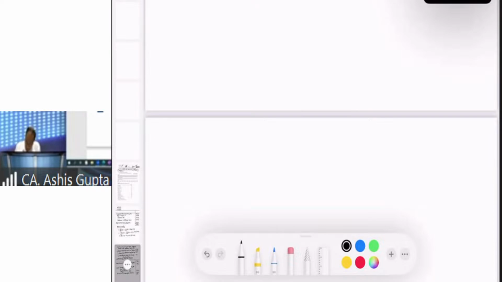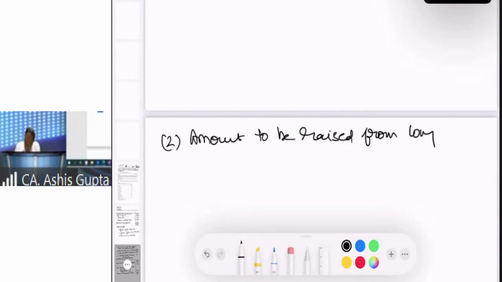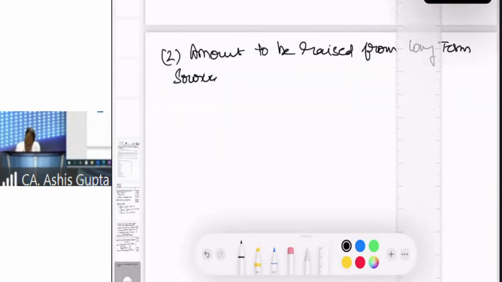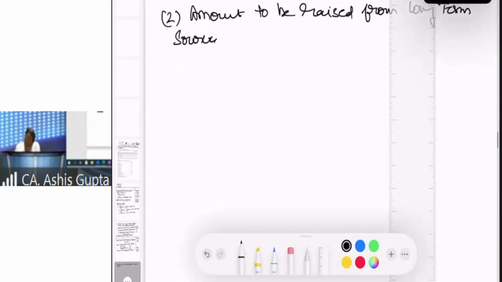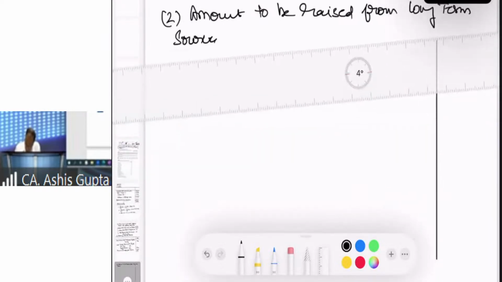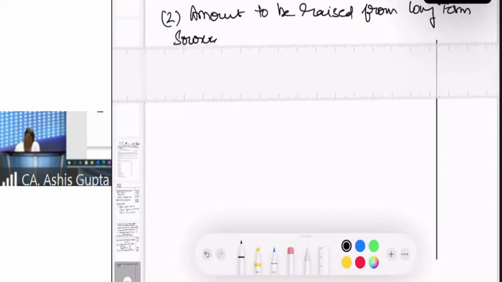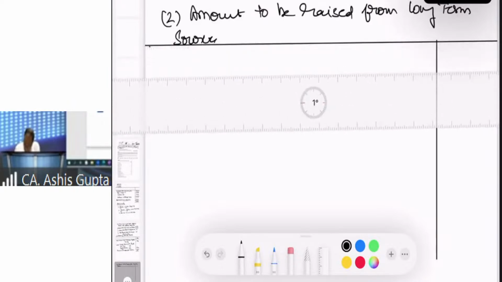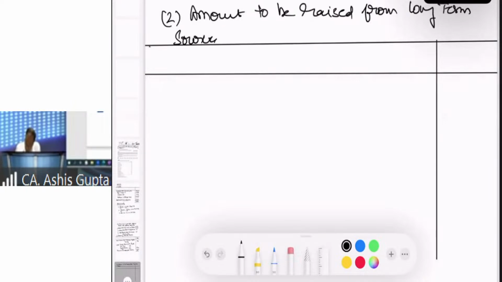Now we come to the amount to be raised from the long term. Here we shall see what our new condition is.